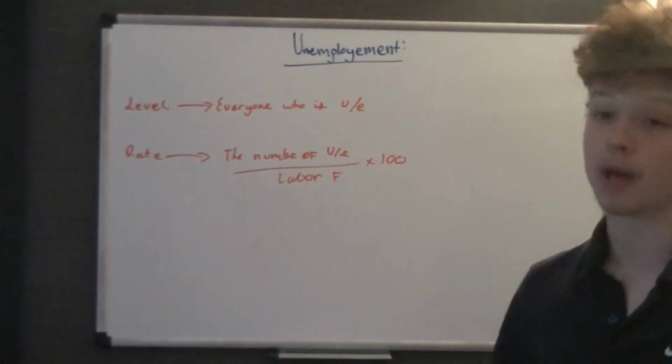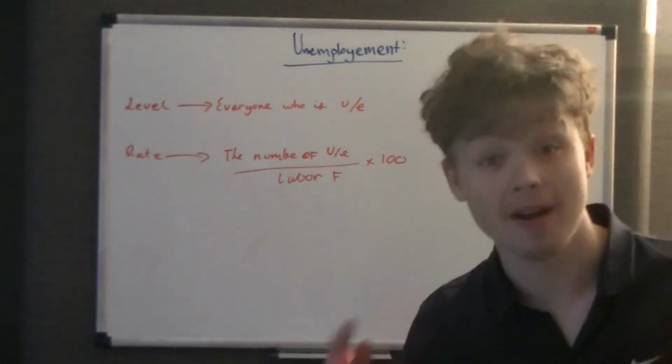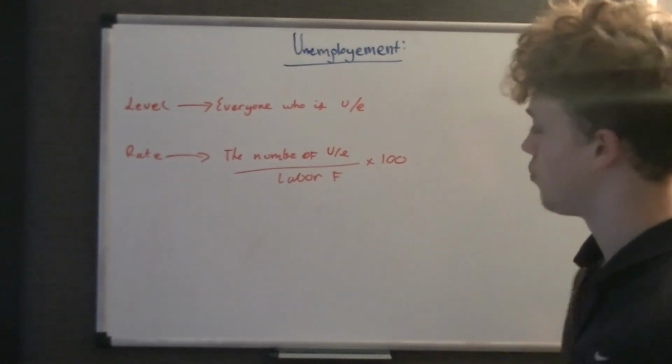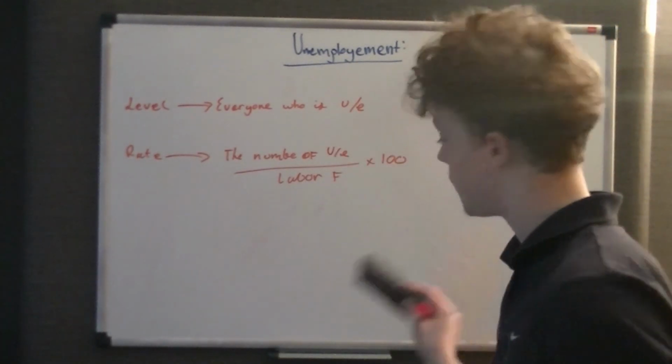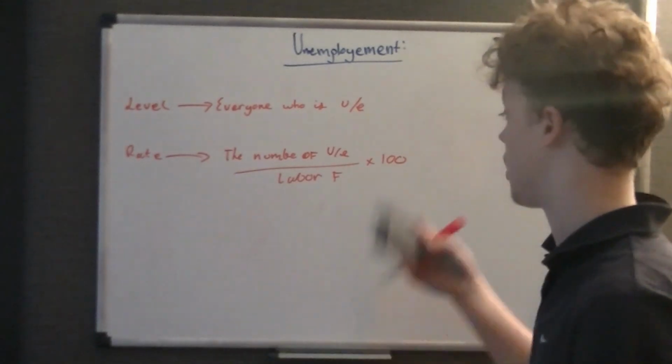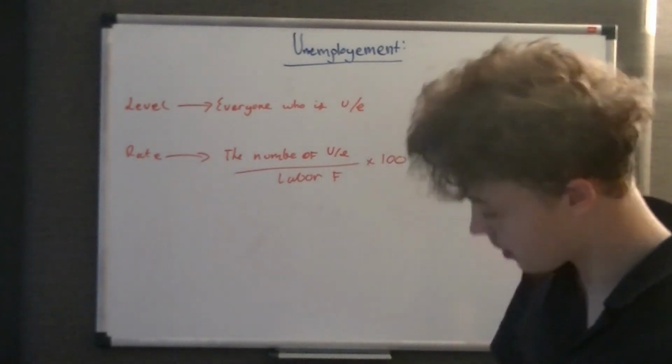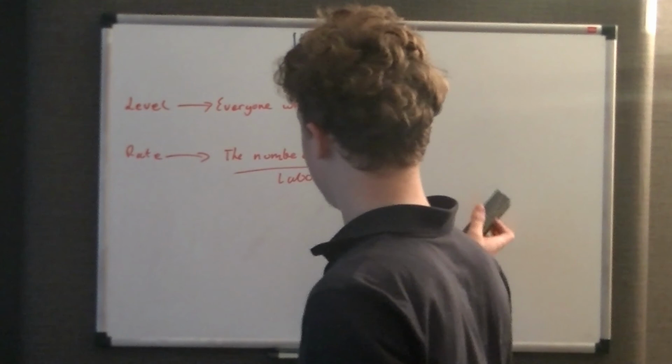They're the 2 main things you need to know. So the level is basically everyone who's unemployed. The rate is the number of unemployed people as a percentage of the labour force, so the number unemployed over the labour force times 100. And that gets you the level and the rate.